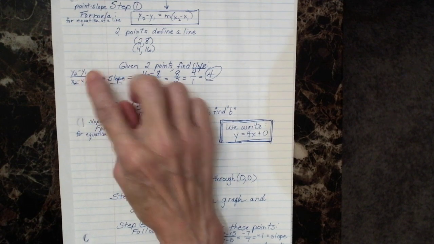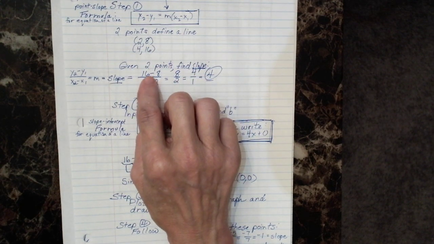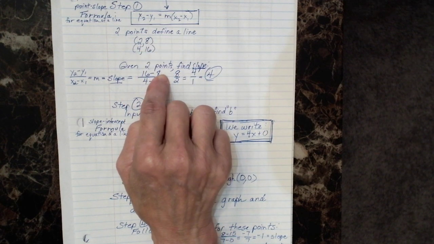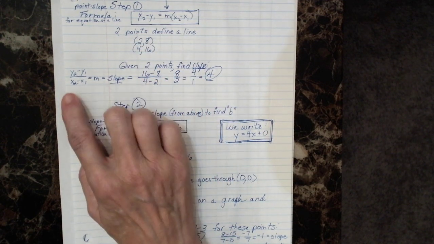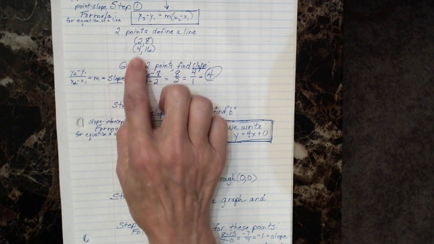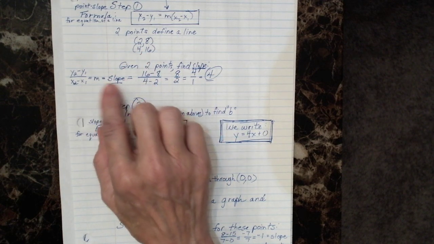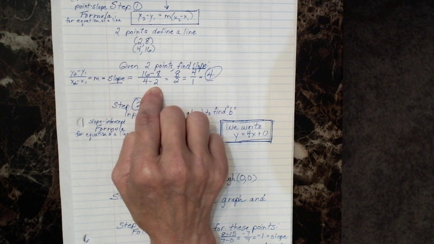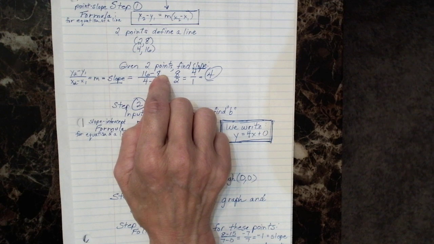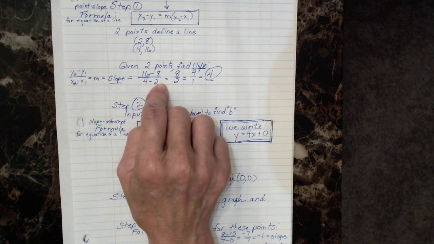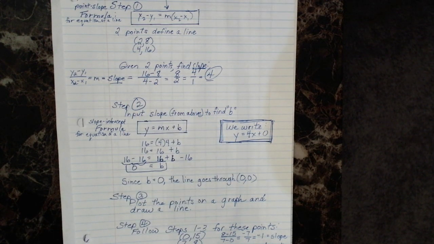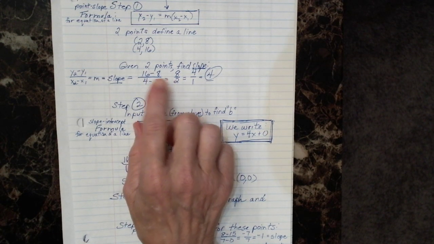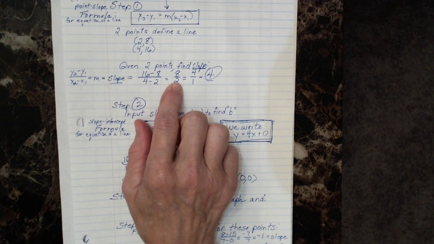So y2 is just the second y, 16, minus the first y, which is 8, all divided by the second x, which is 4, minus the first x, which is 2. So you're just trying to find the difference in the y's and the difference, meaning a subtraction problem, in the x's. So 16 minus 8 equals 8. 4 minus 2 equals 2.